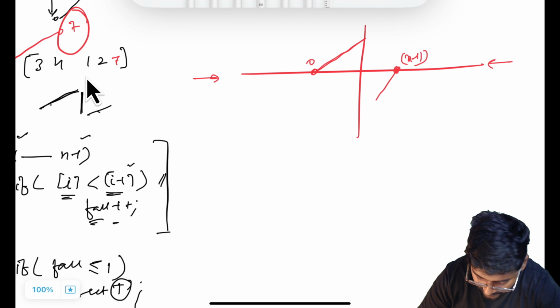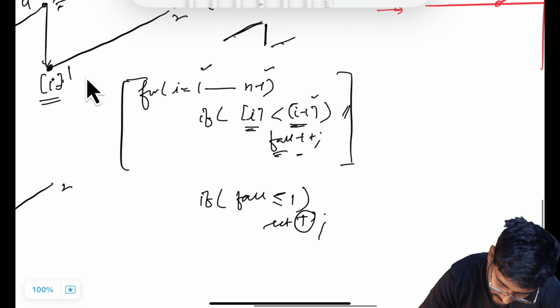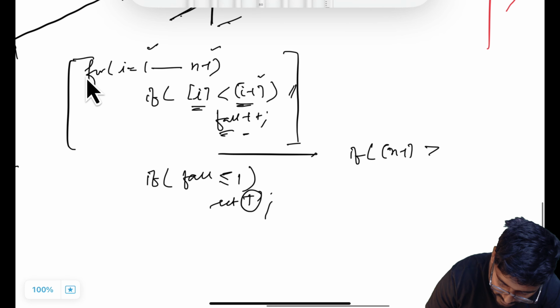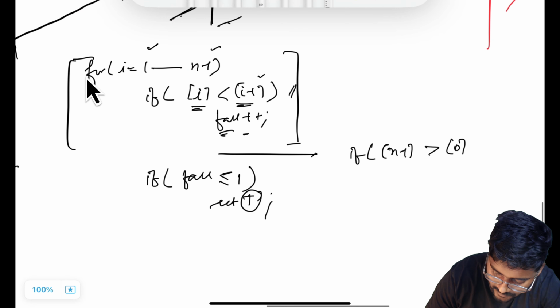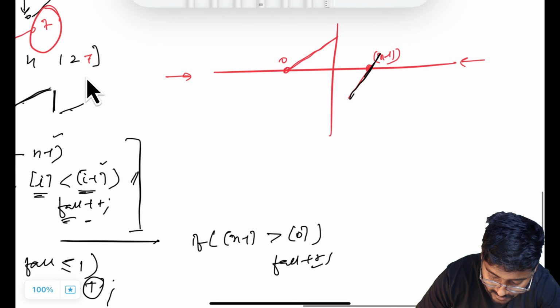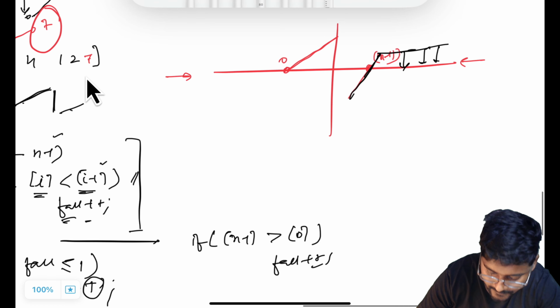Otherwise it is not a valid one. So you can add one more condition. If n minus 1 is greater than 0, you can just say fall is increasing again, since it is falling from here to here.